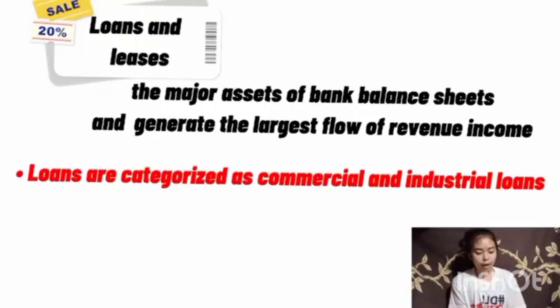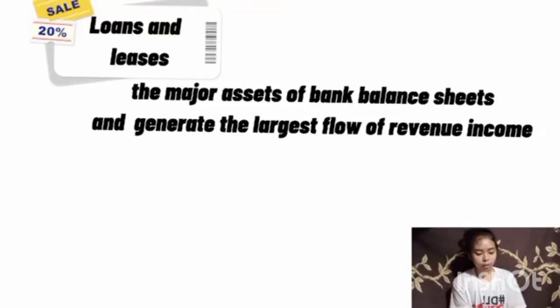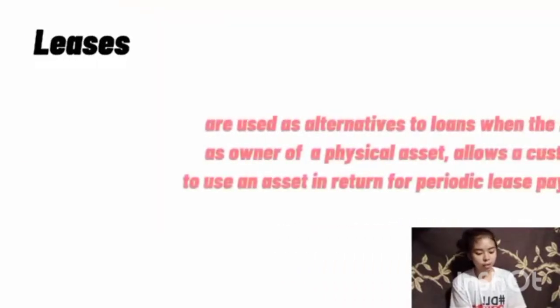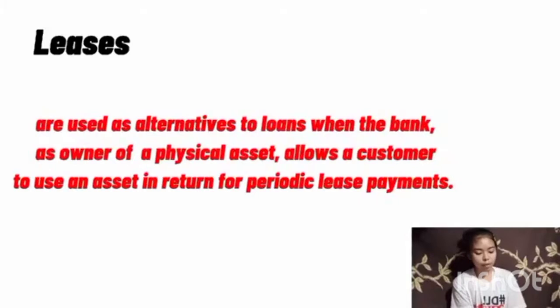Loans are categorized as commercial and industrial loans, secured by real estate, individual or consumer loans, and other loans. Leases are used as alternatives to loans when the bank as owner of a physical asset allows a customer to use an asset in return for periodic lease payments.